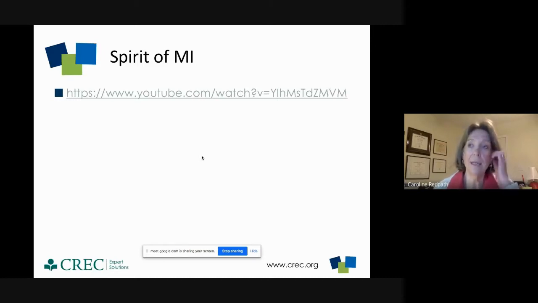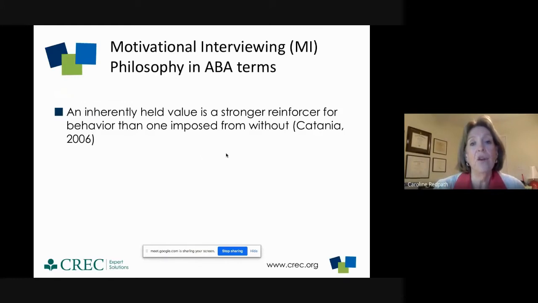There's a lot of research in terms of the efficacy of MI, not a wealth of information yet in terms of pairing it with applied behavior analysis.